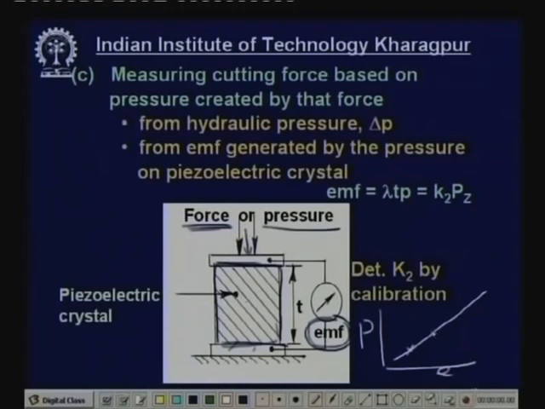Then you increase it, you get another point, keep on getting a number of points, then draw a straight line or a line, that is called the calibration curve. Now you put it into the cutting process, and suppose you get this much EMF, and this is the corresponding force Pz. This is how the cutting force Pz can be very precisely and accurately measured.